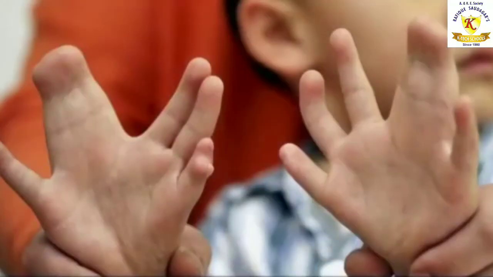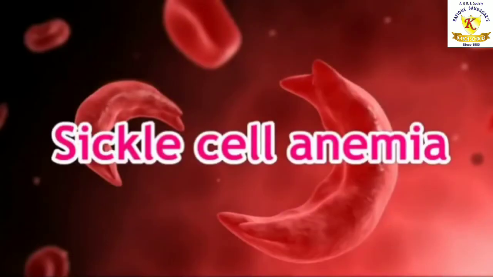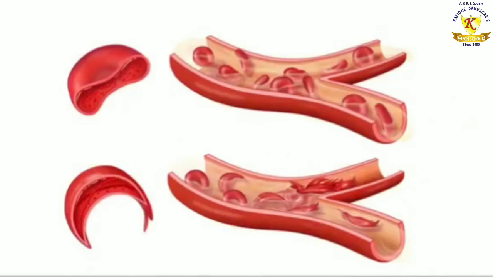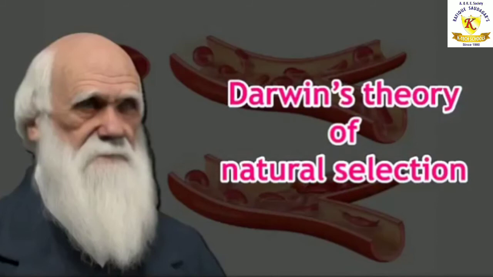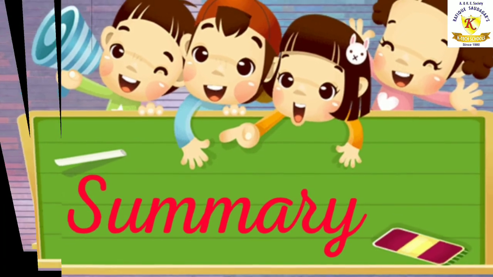Example, mutation may cause the genetic disorders like sickle cell anemia. This is an everlasting process and it is one of the proofs for Darwin's theory of natural selection. Understood, children? Let's go to the summary of what we have learned today.